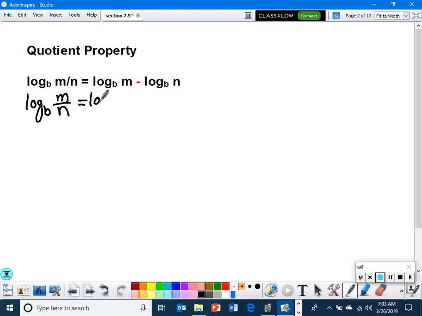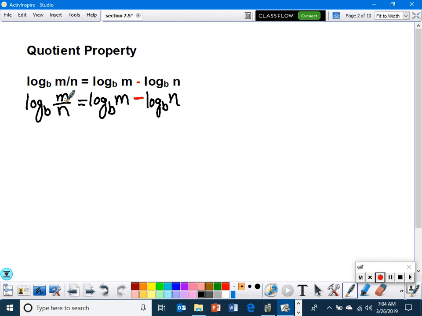And you'll notice in this property that there's a minus sign between them. When we're dividing and we want to split it up, we use a minus sign.